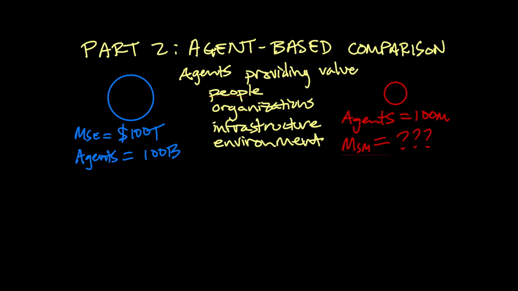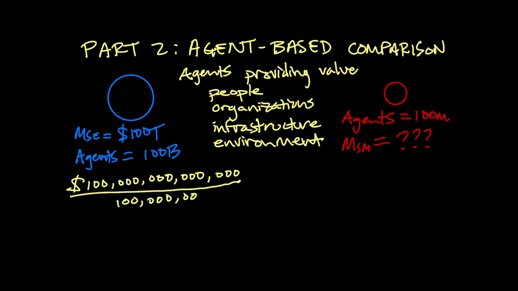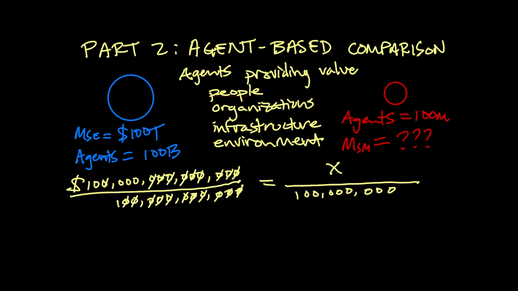So we can jump right to the cross-multiplying exercise again. And we have 100 trillion divided by 100 billion agents. And we equate that to Mars, and we have x over 100 million. So we can simplify this a little bit simply by taking out all these zeros, and we get $1,000 per agent on Earth.